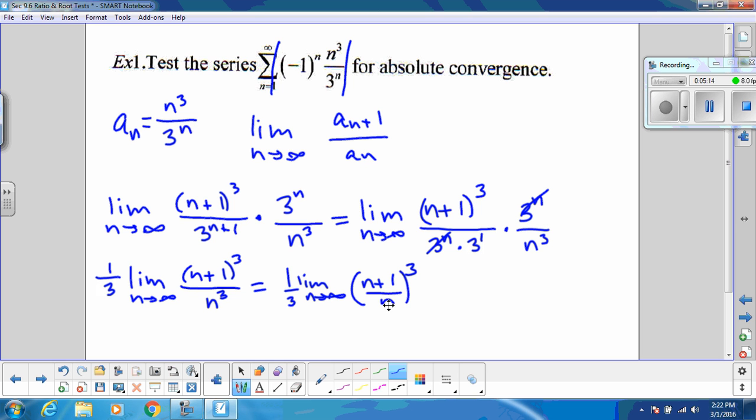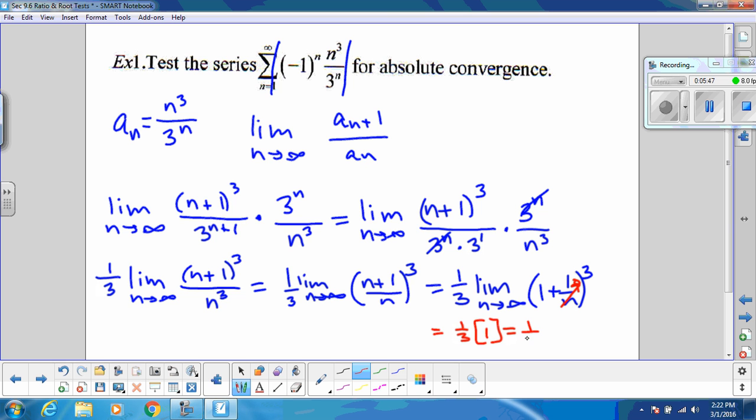Or you can also reduce this to be 1, since n over n is 1, and then plus 1 over n. Sometimes that's helpful when you're plugging in infinity, because then it's very easy to see that this part will be 0. And then I have 1 to the third. So it's going to be 1/3 times the limit of that, which will just be 1. So my limit is equal to 1/3.